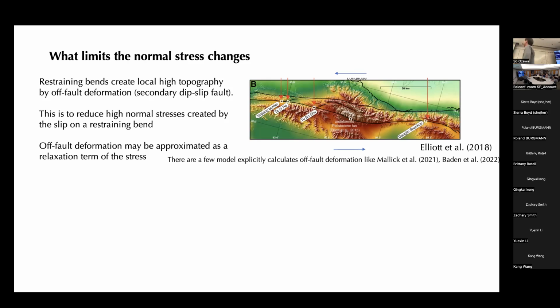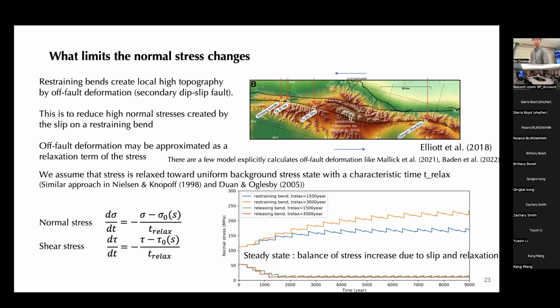So maybe it's easy to just approximate the fault deformation as a relaxation term of the shear and normal stress on the fault. This is why we developed this additional term in our numerical simulation of the cycle.